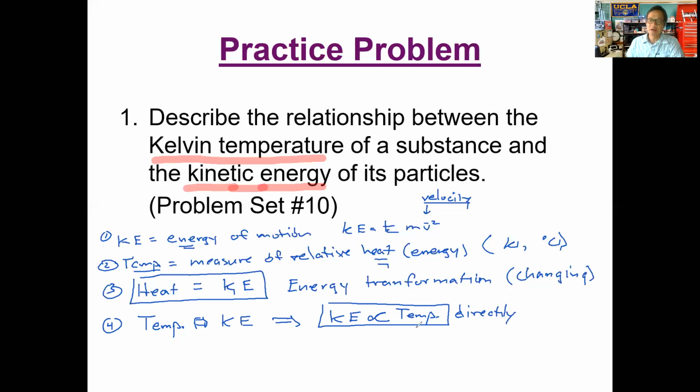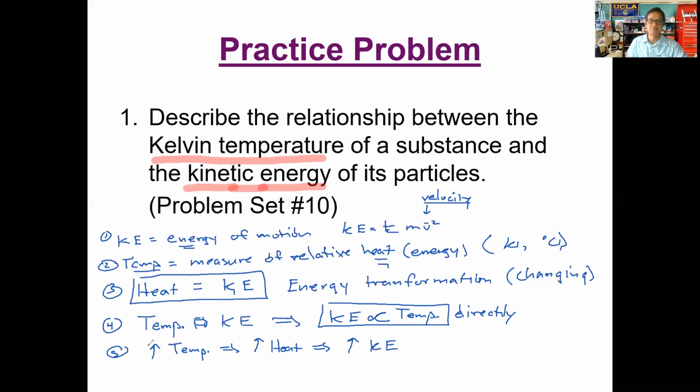So if we see an increase in temperature, let's write this down, what do we know? Like we just stated, that means there will be an increase in heat energy. And if there's an increase in heat energy, because we know this is true as well, there will be an increase in the kinetic energy.